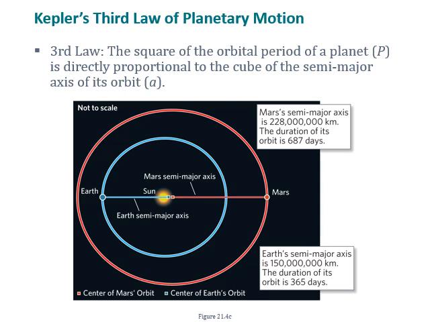Mars' semi-major axis is 228 million kilometers, with the duration of its orbit being 687 days, whereas Earth's semi-major axis is 150 million kilometers, with the duration of its orbit being 365 days. So in short, the square of the length of time of orbiting is directly proportional to the cube of the length of the semi-major axis.